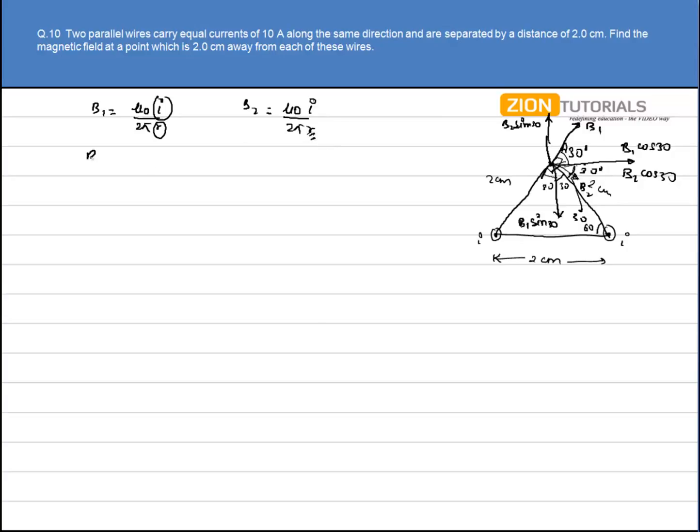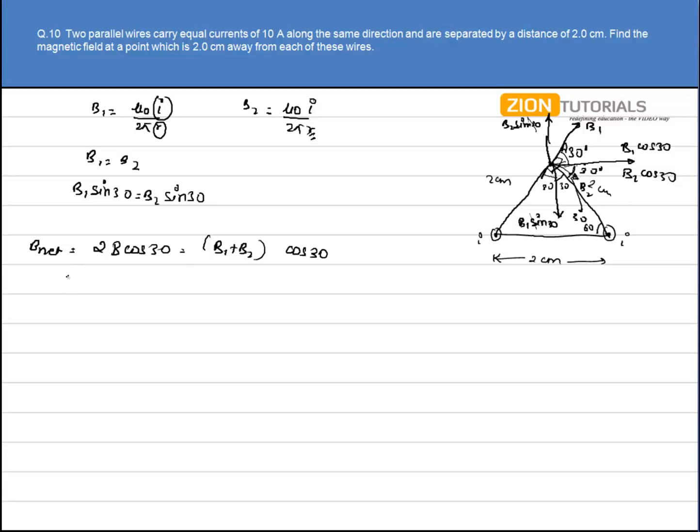So clearly B1 equals B2, and so B1 sin 30 equals B2 sin 30. Since they are in opposite direction, both of them will cancel. So B net will be simply 2B cos 30, or I can write (B1 + B2) cos 30, and direction is as shown in the figure.